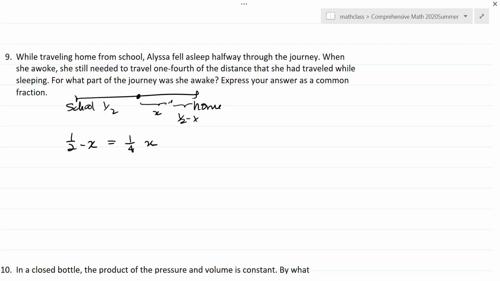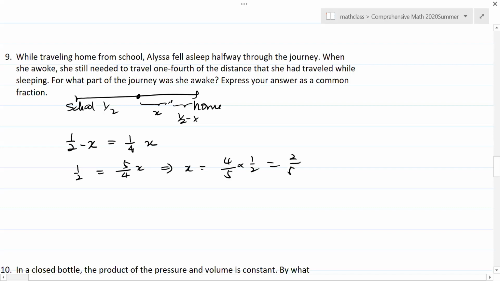So you solve this equation first, then you will get 1/2 equals 1 plus 1/4 times X. So then X is going to be 4/5 times 1/2, which is 2/5.